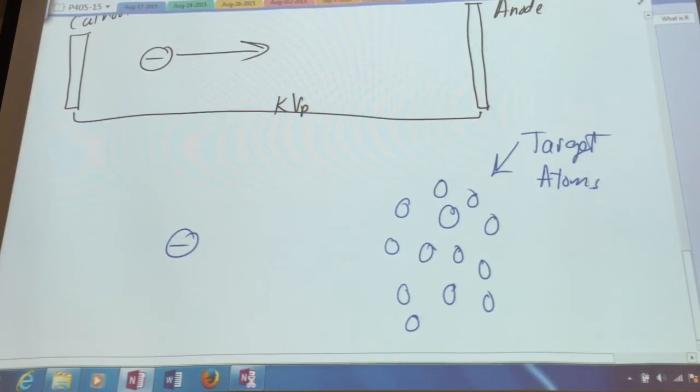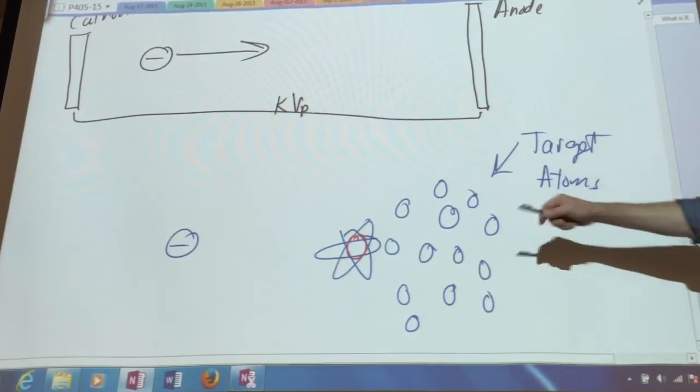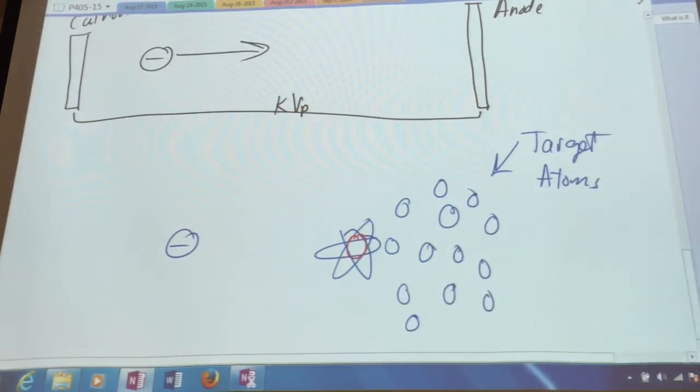And I don't really want to draw all those atoms because I'm only interested in one, really. The one that it's almost going to hit. And so we'll focus on just one atom here. And of course these drawings are not to scale in any sense. But I tried to indicate something and something else around it. What is the graphics meant to convey?